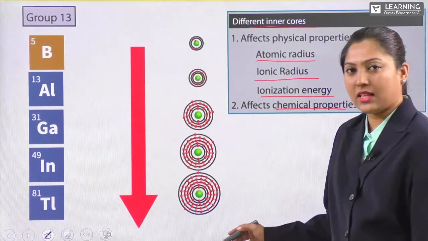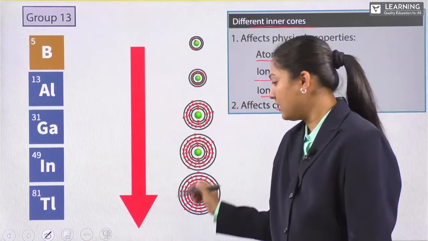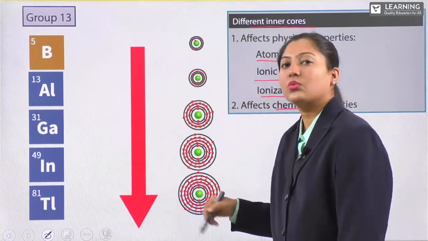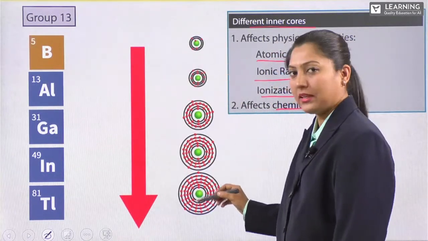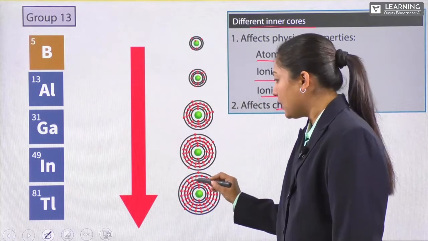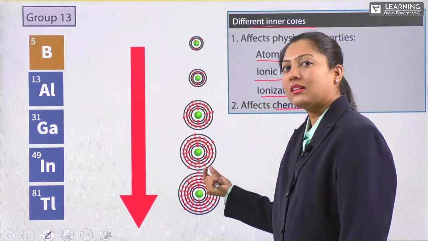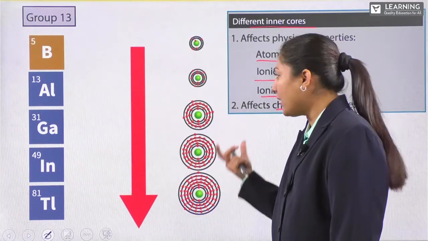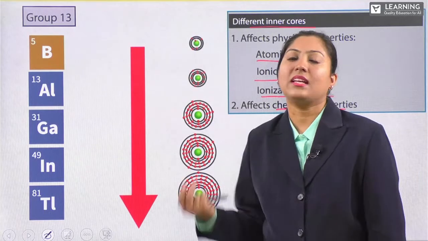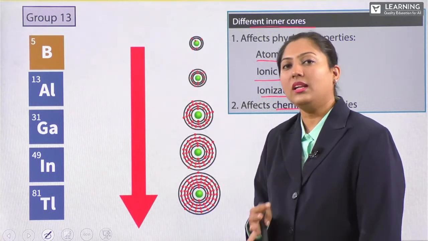So hope you understand this. Due to the increase in size, the core electrons will differ, from boron to thallium. You can see the crowding is more down the group, so the shielding effect increases. When the shielding effect increases, obviously the physical and chemical properties in the same group will differ.